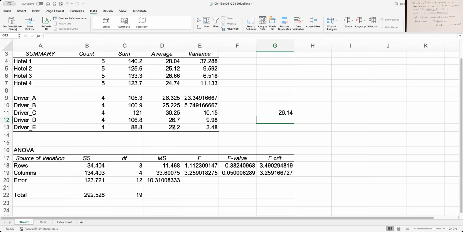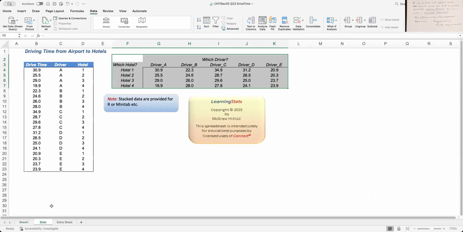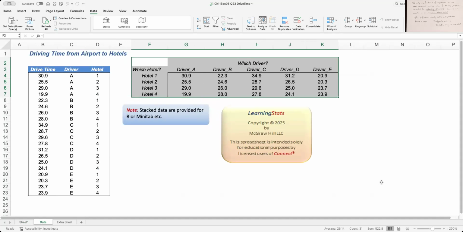But when I gather repetition, maybe there's a traffic jam one time and there wasn't another. There can be variation now within a single treatment. Right now, there's no chance of any influence on driver B going to hotel 2, because I only have one number.